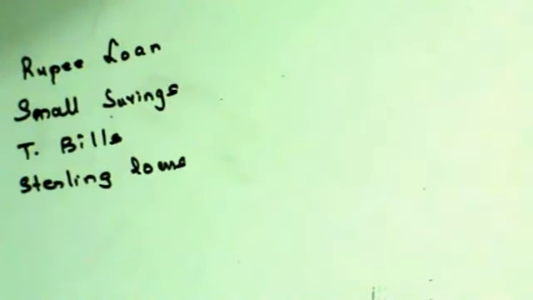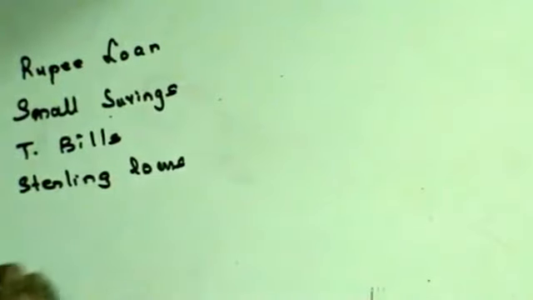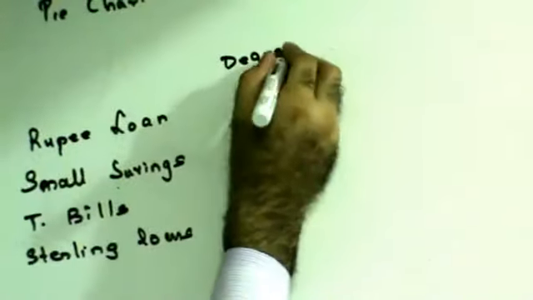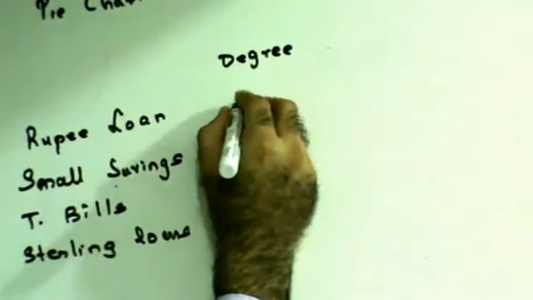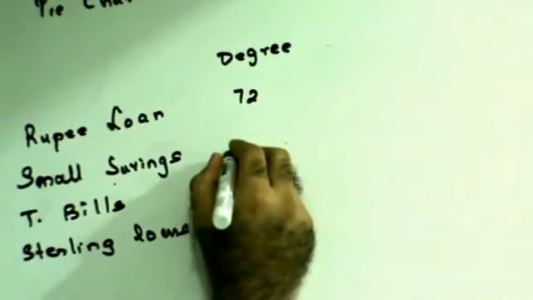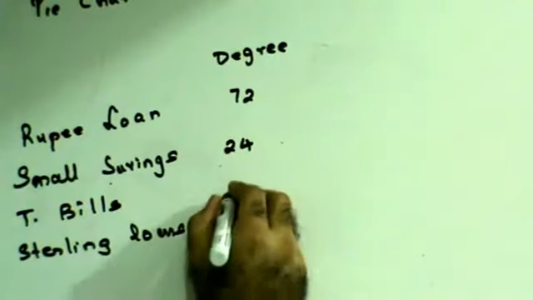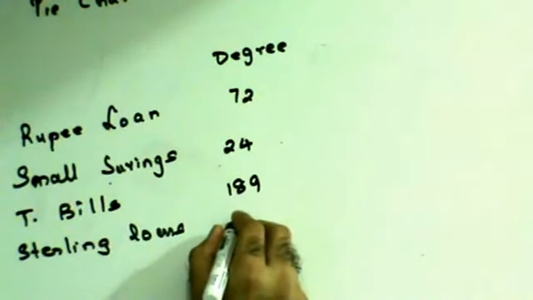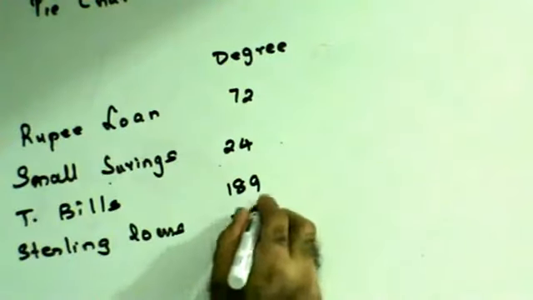These are the four things given to you. In terms of degrees, rupee loan is 72 degrees, small savings is 24 degrees, treasury bills is 189 degrees, and sterling loans is 75 degrees.